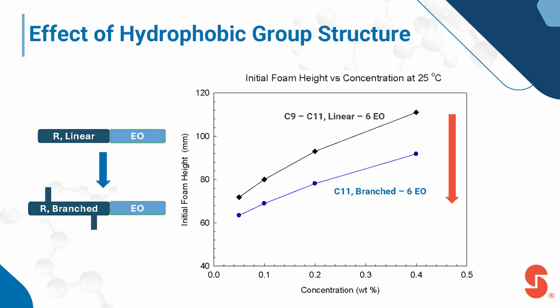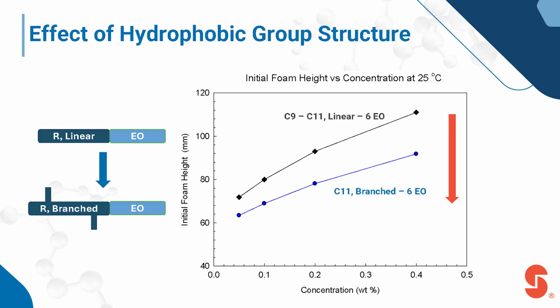In this plot, we measure the foam height as a function of concentration at ambient temperature, using a C9-C11 linear alcohol ethoxylate with 6 EO, meaning the ethoxylation is 6 moles of EO.